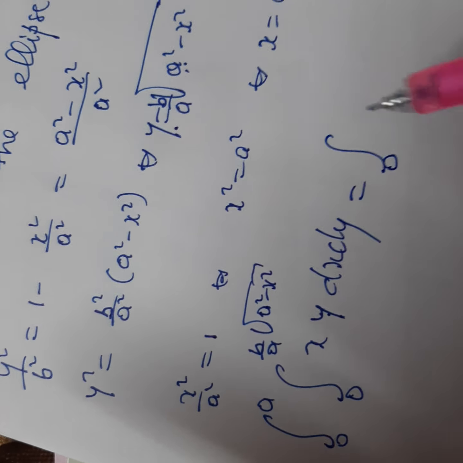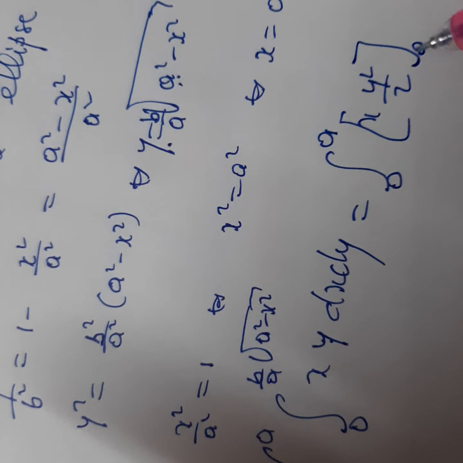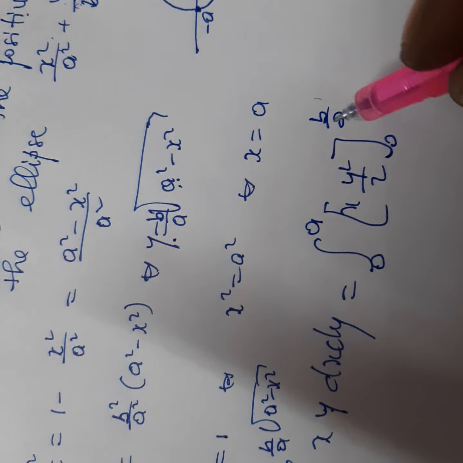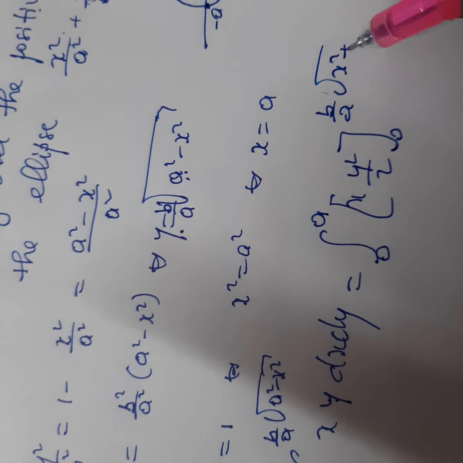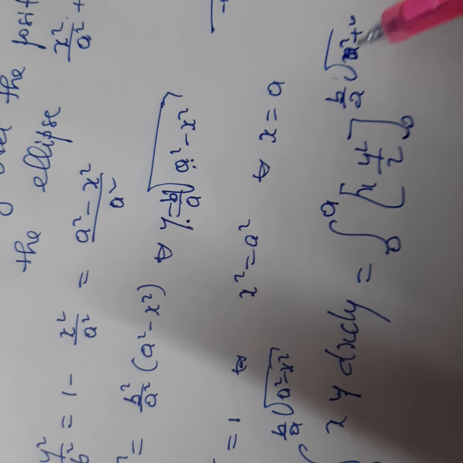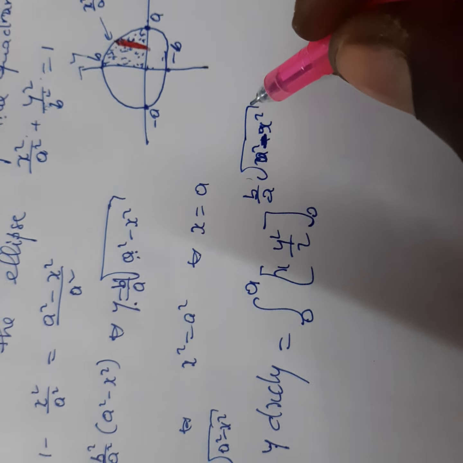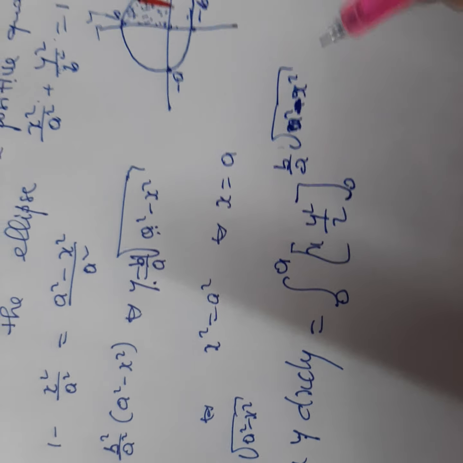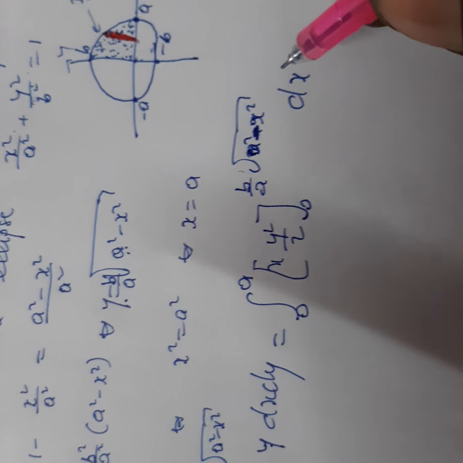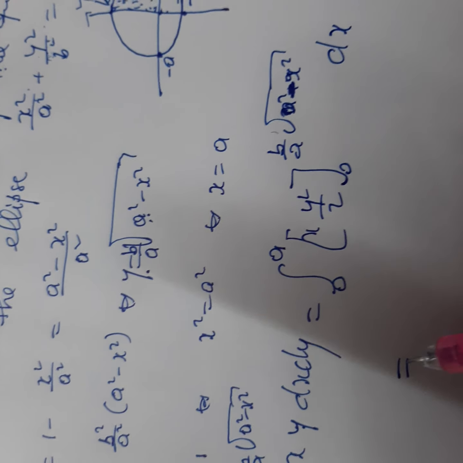Okay, so I will have x y squared by 2, then 0 to b by a root of a square minus x square, dx. Then I can substitute the limit.